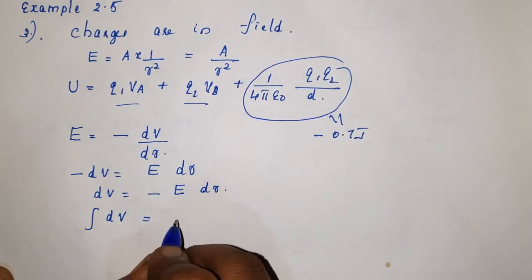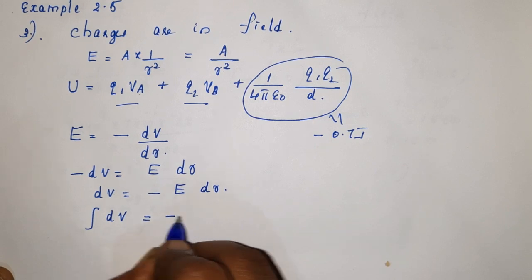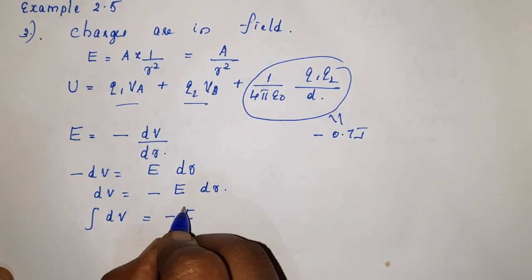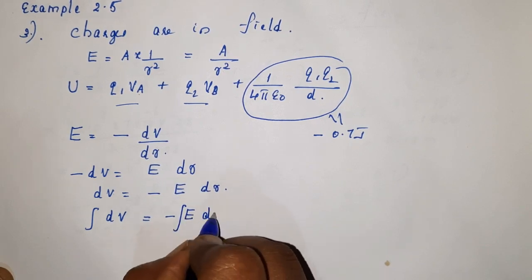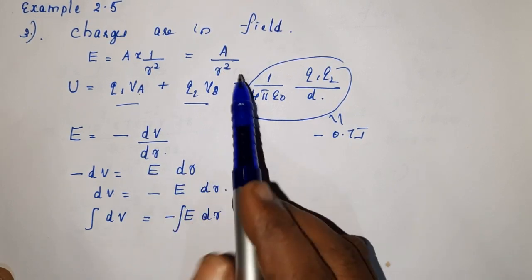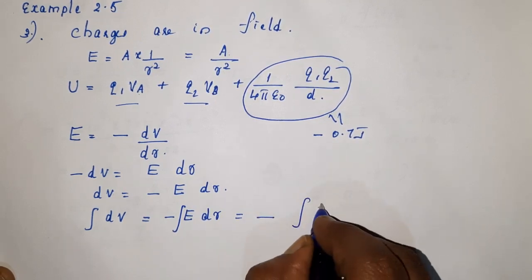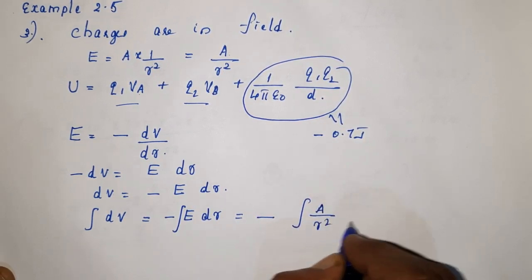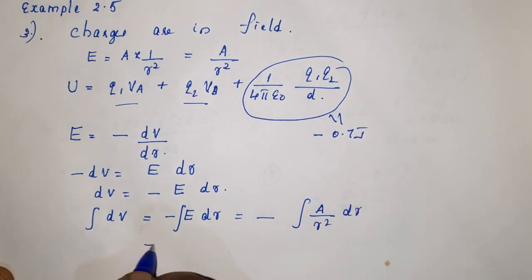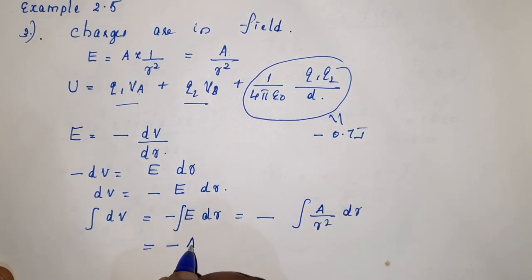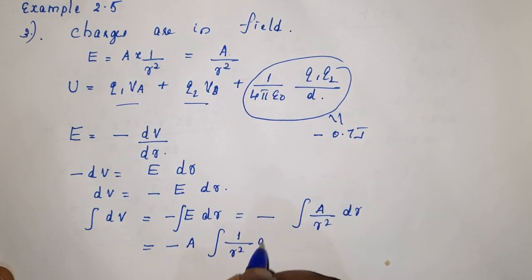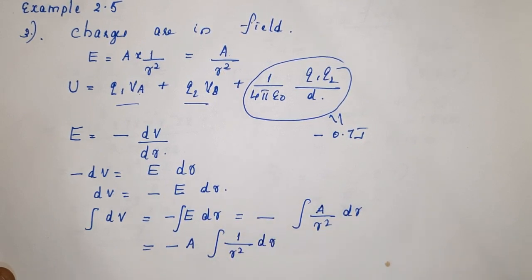So integral dV is equal to minus integral E dr. For E, you just substitute A by r square. So minus integral A by r square dr. So what will it be? Minus A into, A is constant, integral 1 by r square dr.